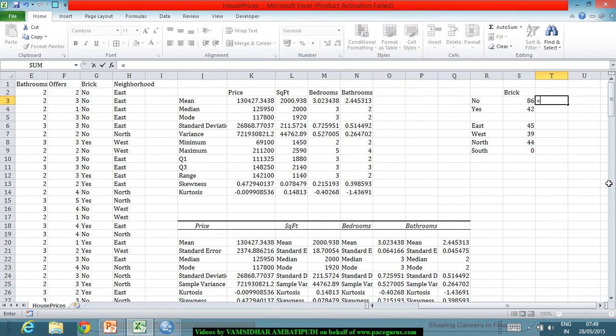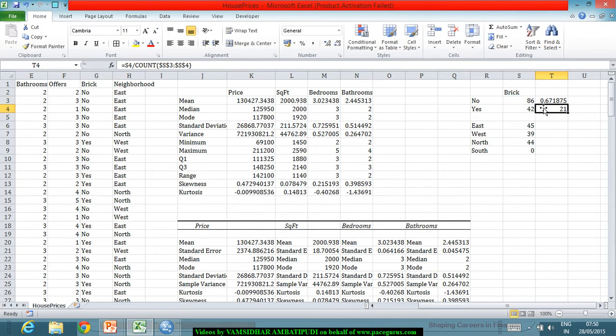But here, if I have to do the percentage, again I may have to write a separate formula altogether, taking into consideration all these things. Okay, let me look at the formula.